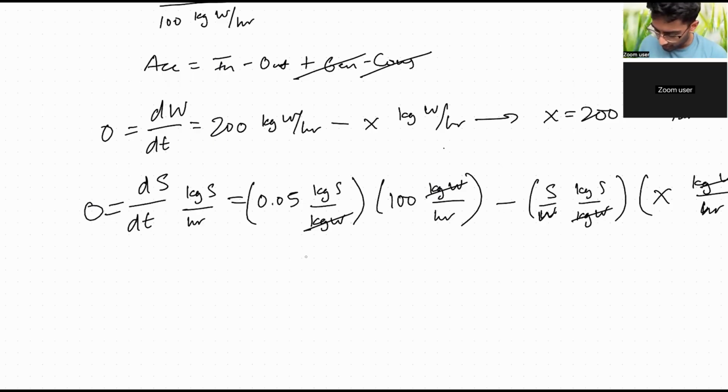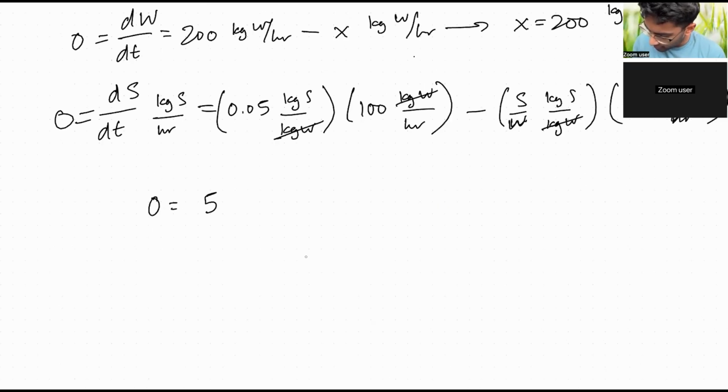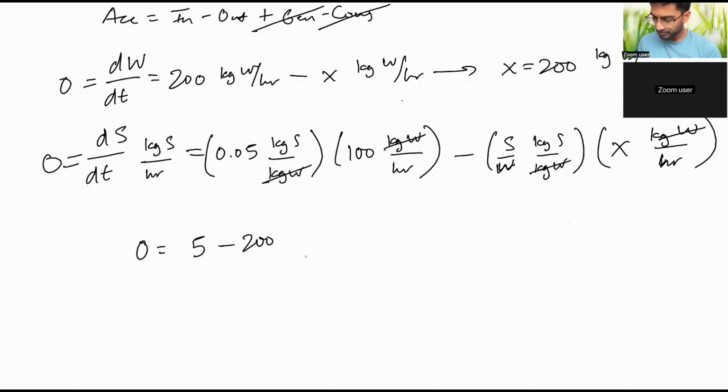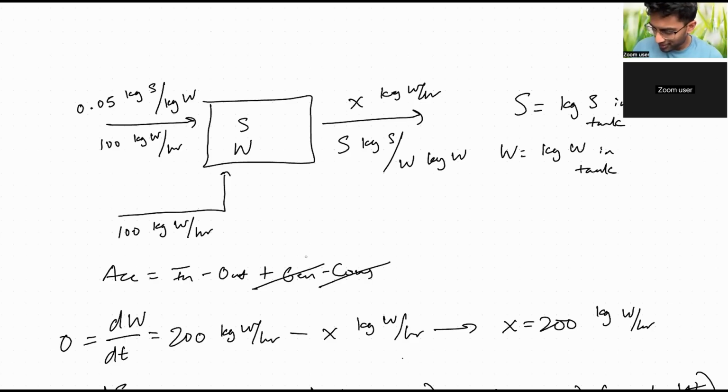Hopefully that's clear. And then for this one, we have 0 equals 5 minus S over W times 200, so 5 minus 200 times S over W. Since the amount of water in the tank doesn't change, and I should have given you that information earlier, we'll say that the tank has, to start, 100 kg of water.